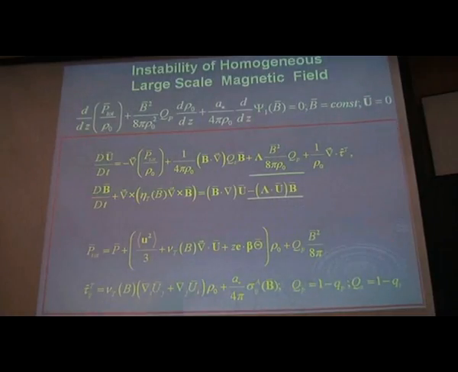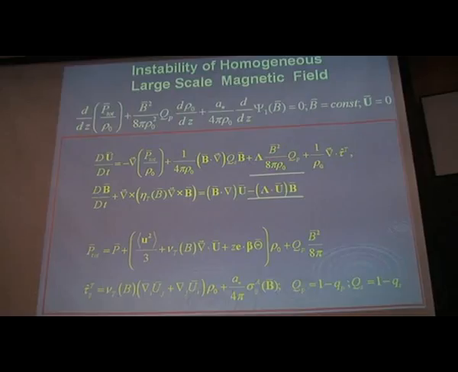And now here are the equations which we solved in order to reproduce the magnetic structure. We have got two equations. First, the equation of motion, and second, the induction equation, where we take into account just turbulent diffusion. For the instability, roughly speaking, these two terms are responsible.